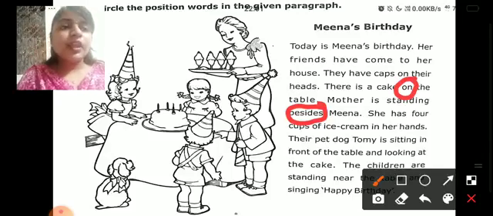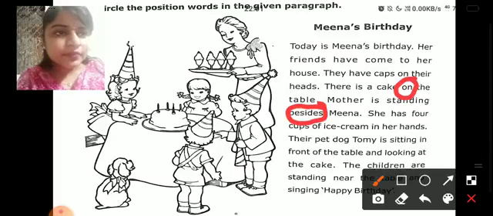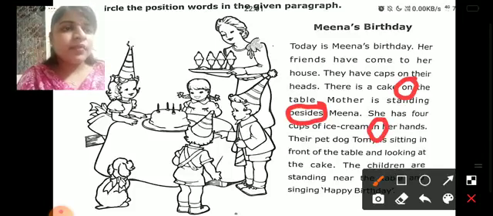Good. She has 4 cups of ice cream in her hand. So what is our position word over here? In. Circle it. Their pet dog Tommy is sitting in front of the table and looking at the cake. So your position word is in front of.